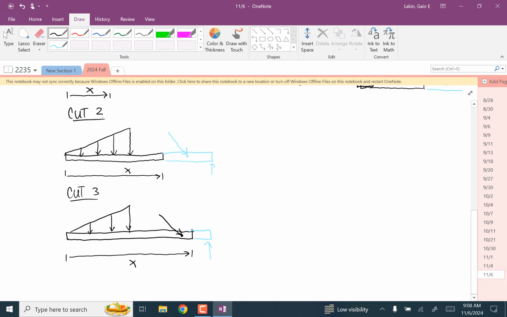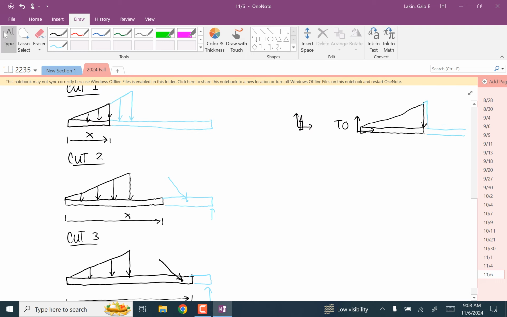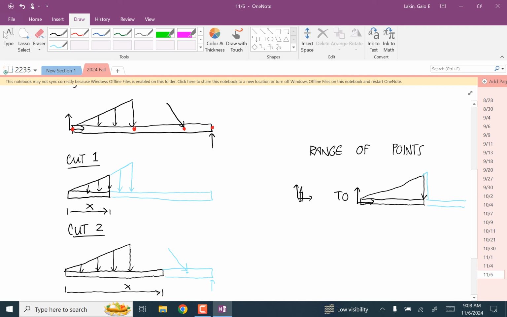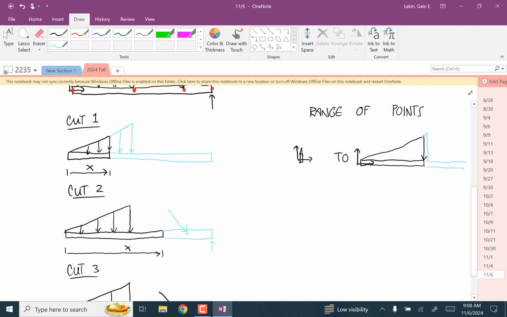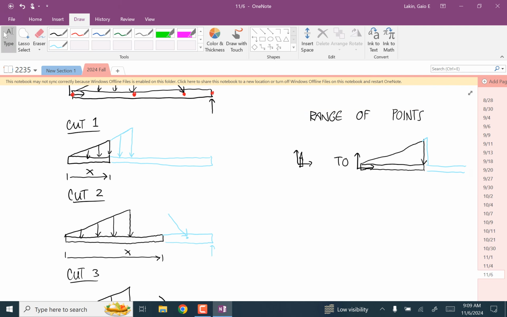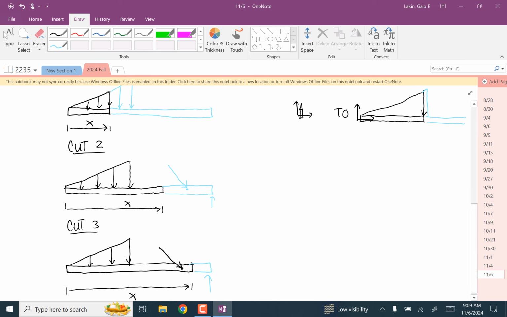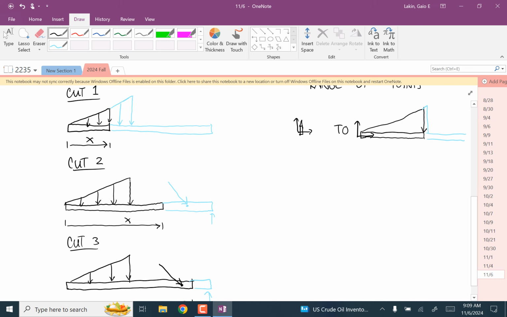So each of those, you can see we have to do these differently because the free body diagram in cut one looks qualitatively different than the one in two.